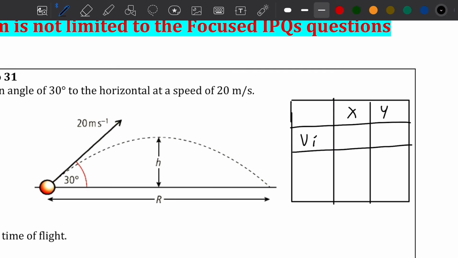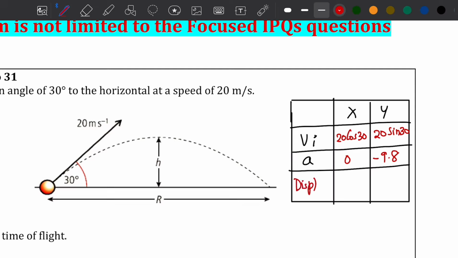So in the x direction, initial velocity will be 20 cosine 30. In the y direction, it will be 20 sine 30. Then the acceleration in the x direction, we know it will be 0 because velocity in x direction does not change, and in the y direction it will be negative 9.8.